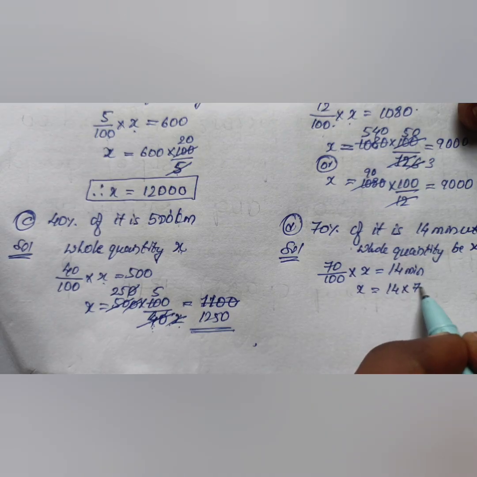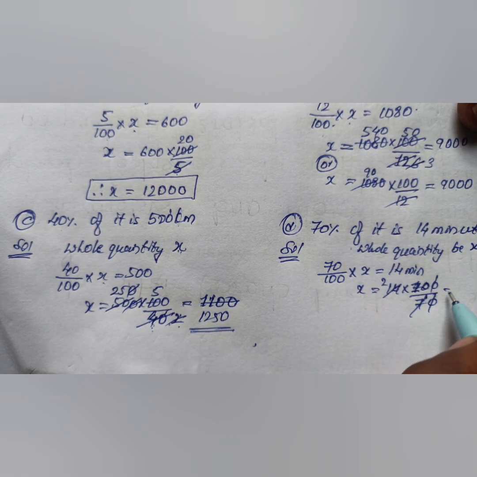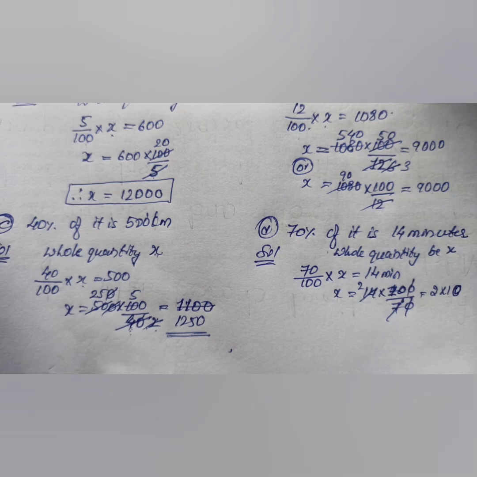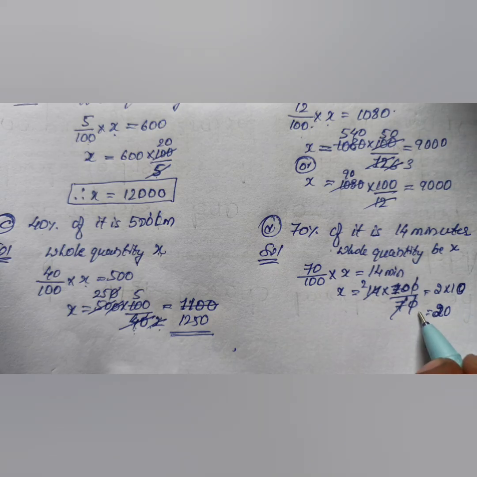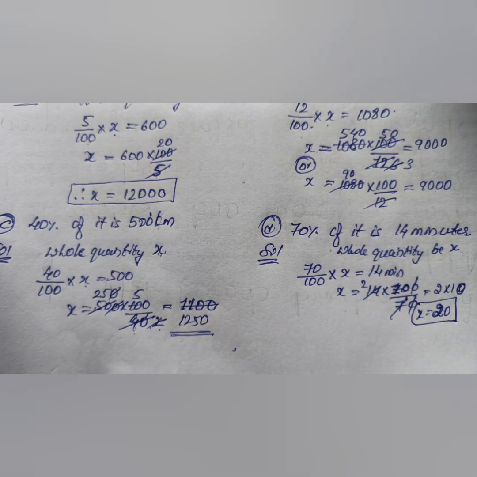So 14 remains as it is, 100 divided by 70. 10 and 10 get cancelled, 7 2s are 14. So 2 into 10 is 20. x is equal to 20. The whole is 20 here.